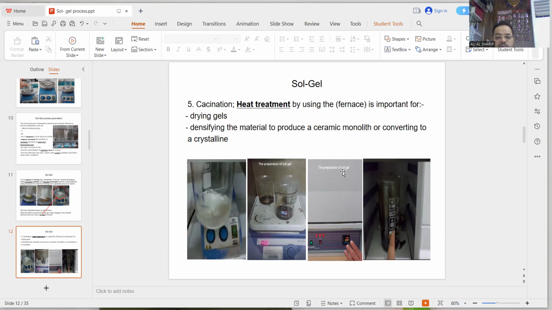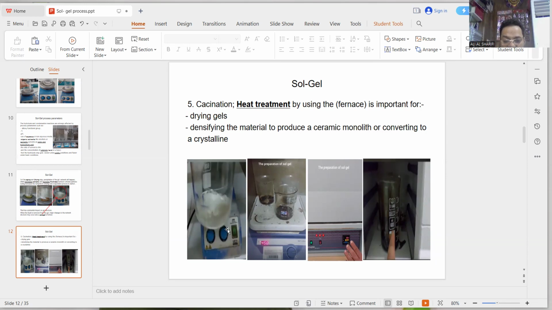Densifying the material to produce ceramic or converting to crystalline. Here, these are very helpful pictures to create a good imagination about this process.